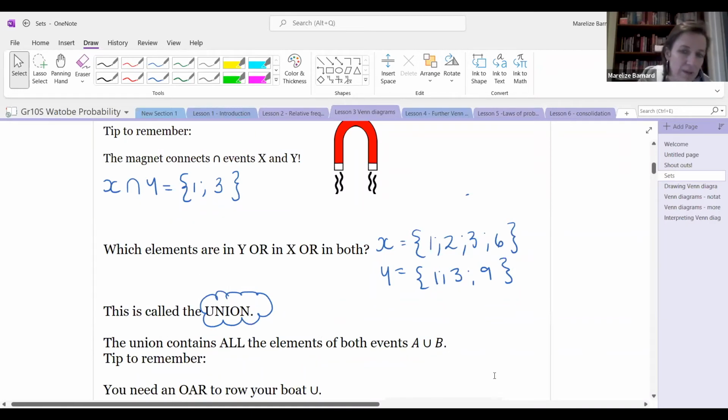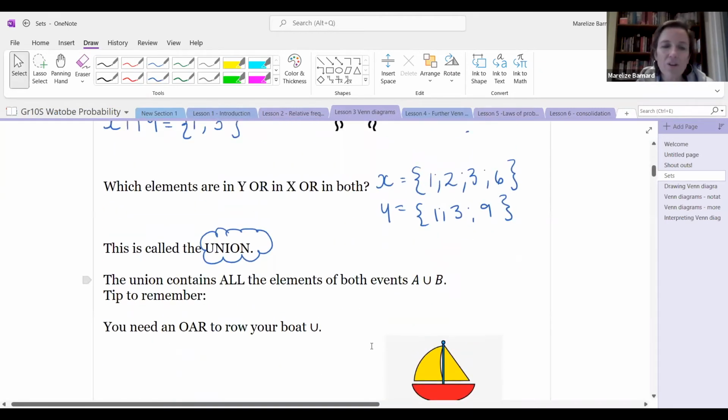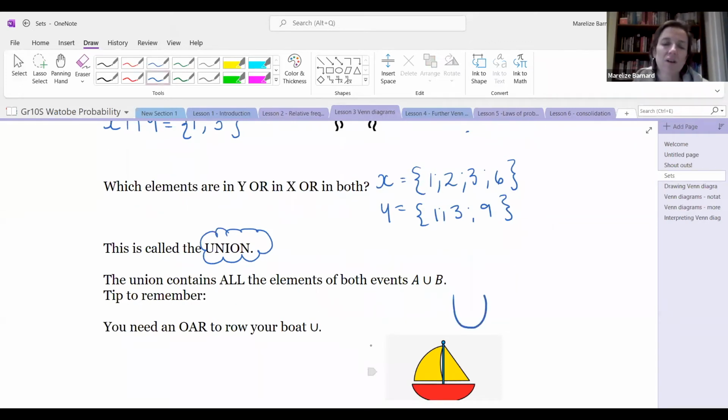For the union, we use the one that looks like a U. Or you can think of it like a boat shape, and you need this oar to row your boat. So that's our symbol for union, and it's all the elements of both events. And you can think of a boat for that because you need the oar.